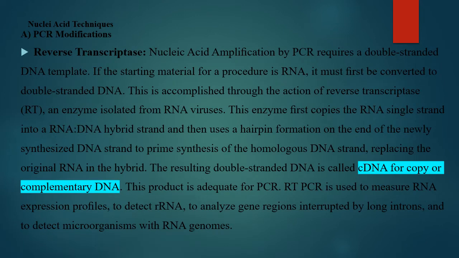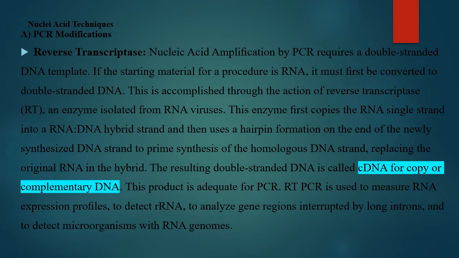Then we come to the reverse transcriptase. And like I mentioned, transcription is about the RNA. So nucleic acid amplification by PCR requires a double-stranded DNA template. That is a regular thing. If the starting material for a procedure is RNA, it must first be converted to double-stranded DNA. The procedure requires double-stranded DNA, and you are starting with an RNA.